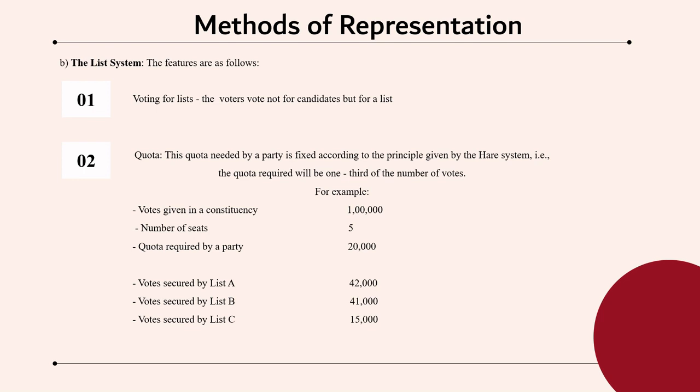So party A can secure one more seat according to one principle, but according to another principle, party C can get one seat by adding surplus 4,000 votes secured by the party in a neighboring constituency. This system is followed in Spain, Turkey, and Israel.